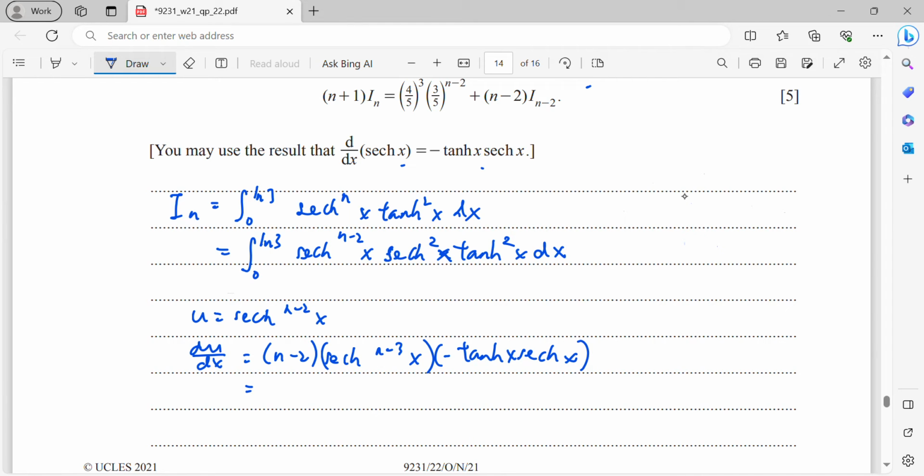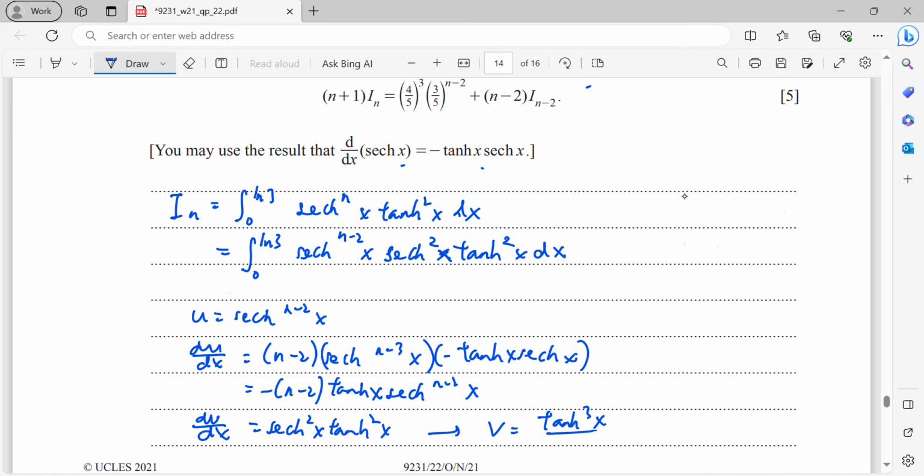So this is the same as negative (n minus 2) hyperbolic tangent x sech^(n-2) x. Then dv over dx is sech squared x tanh squared x. From the previous result, we have found this is tanh cubed x over 3.